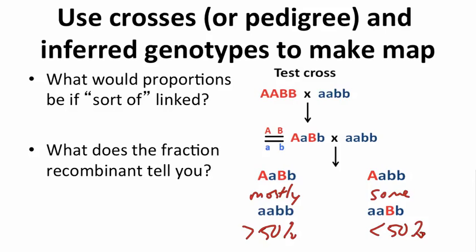What the fraction recombinant tells you is how far apart the A and B genes are. The further they are apart, the more the percent recombination will approach 50%. The closer they are together, the more the percent recombination will approach 0%.